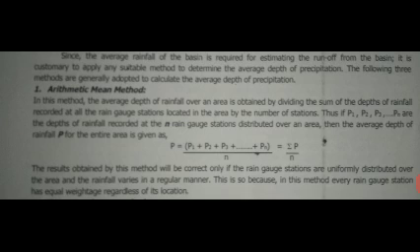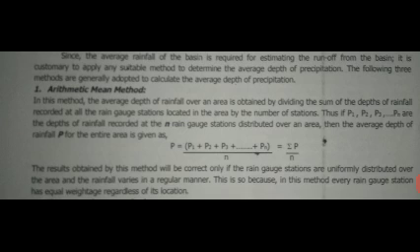First one is the arithmetic mean method. In this method, the average depth of rainfall over an area is obtained by dividing the sum of the depths of rainfall recorded at all the rain gauge stations located in the area by the number of stations.